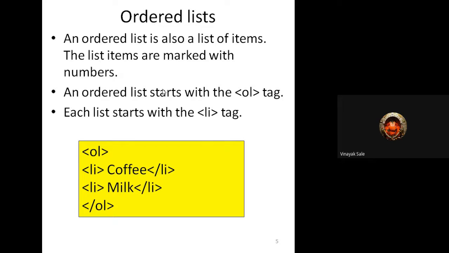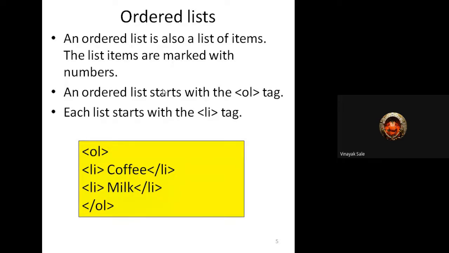The list of elements are marked with numbers, and an ordered list starts with the OL tag, O for order, L for list, and ends with /OL. And for list items, start with Li for list. Here in this table is given a simple format for ordered list.